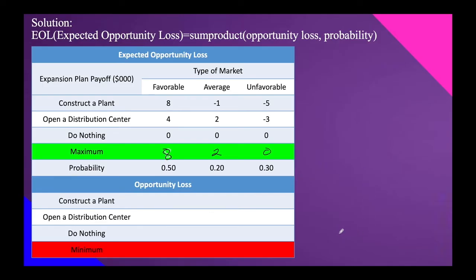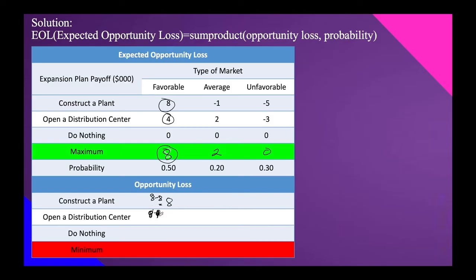So, for now, let's have 8 minus 8, equals 0. Next, 4. Baliktad tayo, maximum minus payoff. Sorry, okay. 8 minus 4.